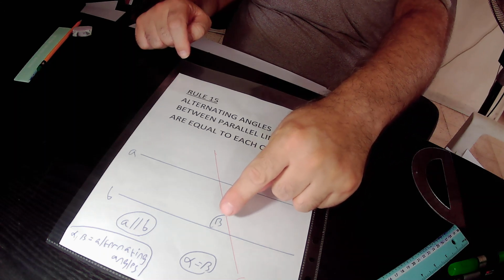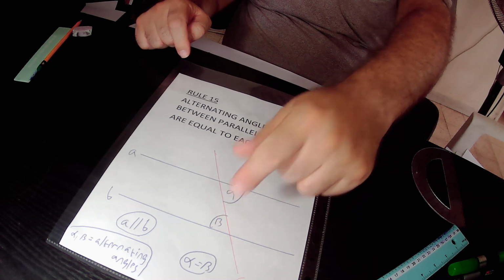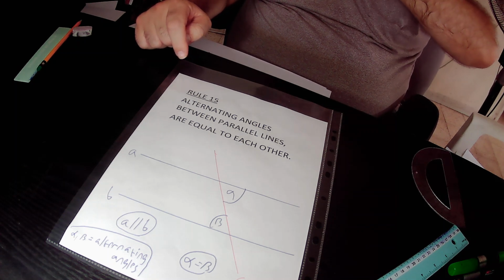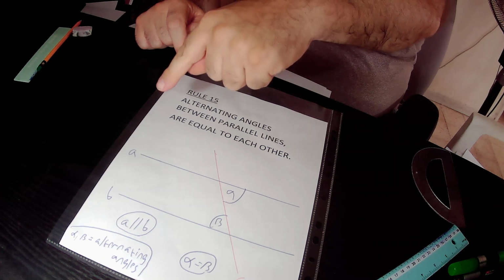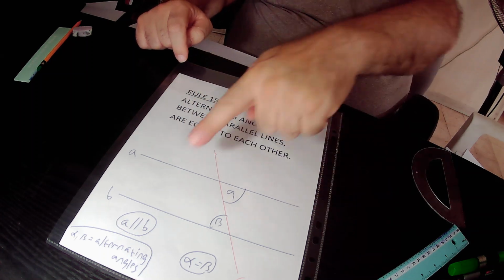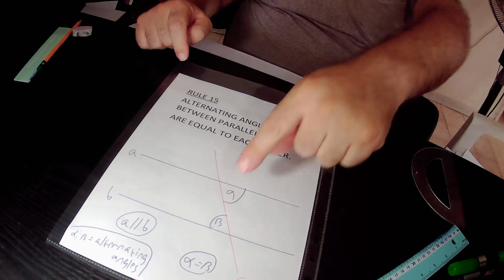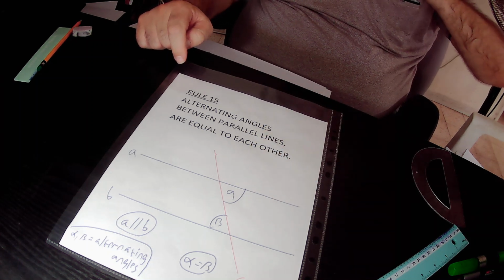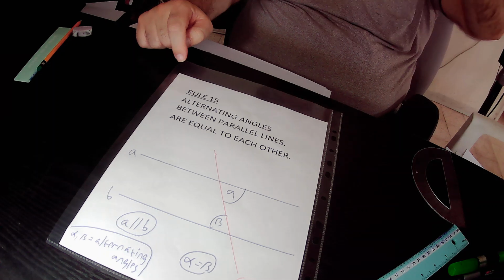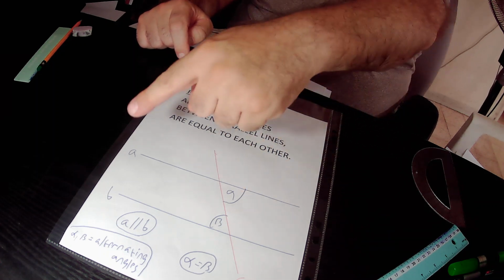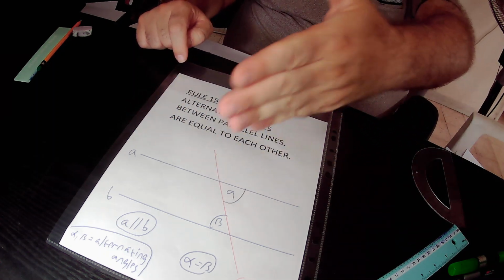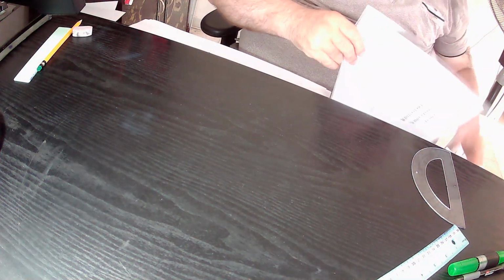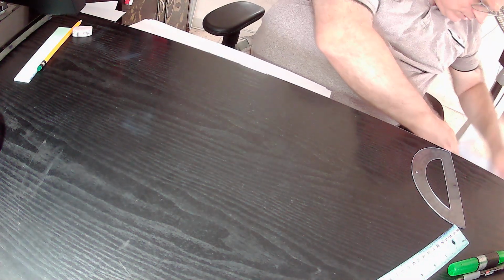Those two angles, alpha and beta, are defined as alternating angles, and because they are located between the parallel lines A and B, A is parallel to B, they are equal to each other. That is to say, alpha equals beta. So according to rule 15, alternating angles that are located between the parallel lines must be equal to each other. So we can implement rule 15 in our drawing.